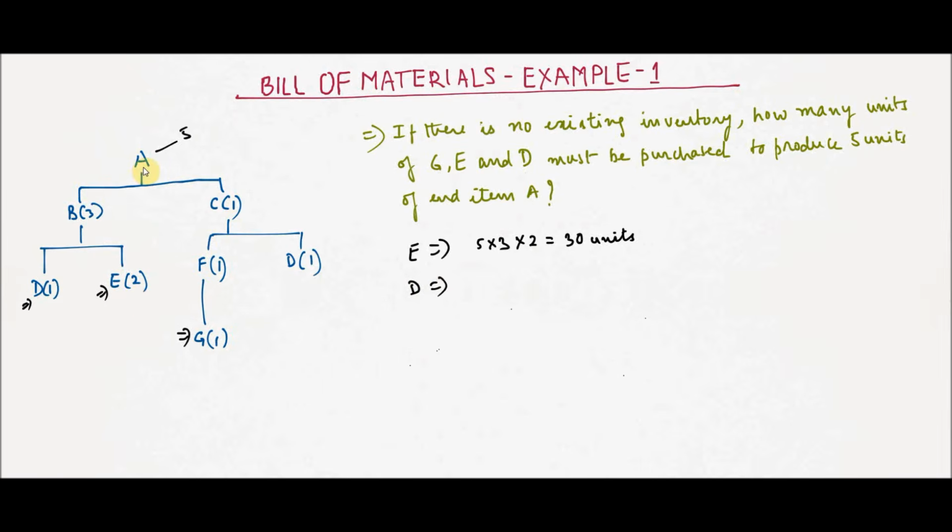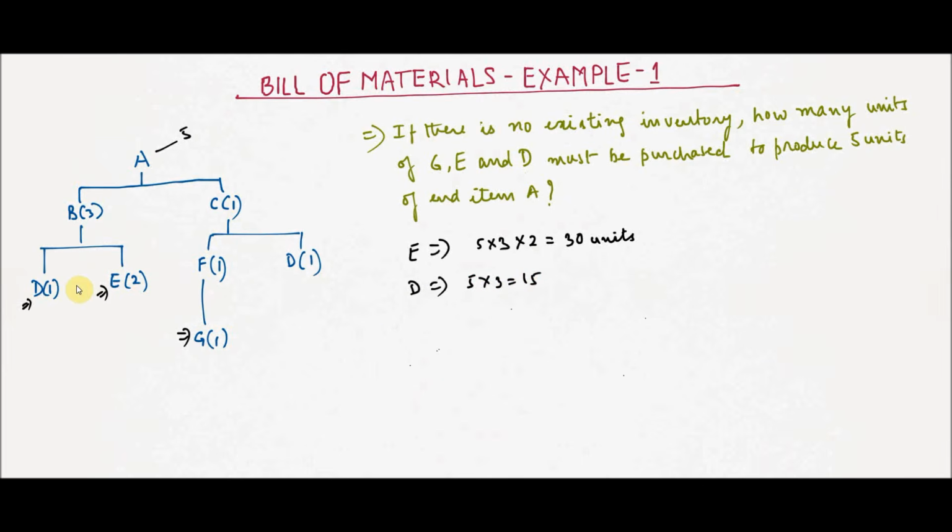As you can see, 1 unit of A requires 3 units of B, and 1 unit of B requires 1 unit of D. So for 5 units of A, B will be 5 into 3, that is 15, and each unit of B requires 1 unit of D, so D will also be 5 into 3, which is 15.